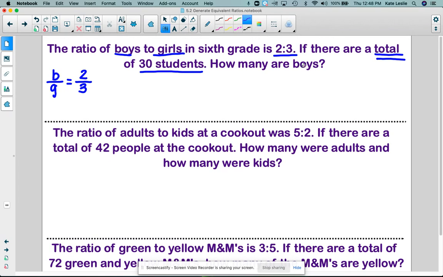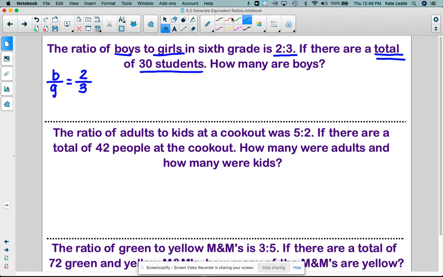The problem we have here is that neither one of these is labeled students. There are boy students and girl students, but there's nothing labeled with an S that specifies students. So there's nowhere I can put this 30.